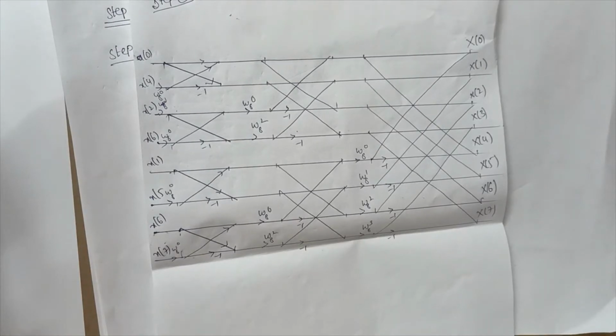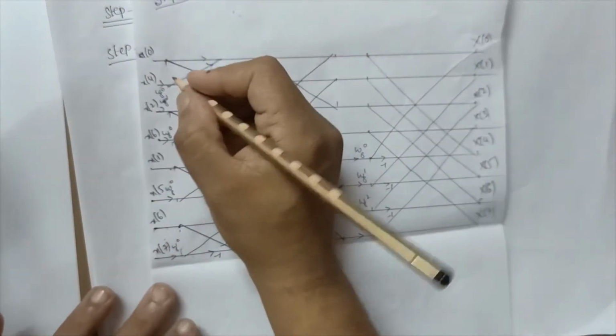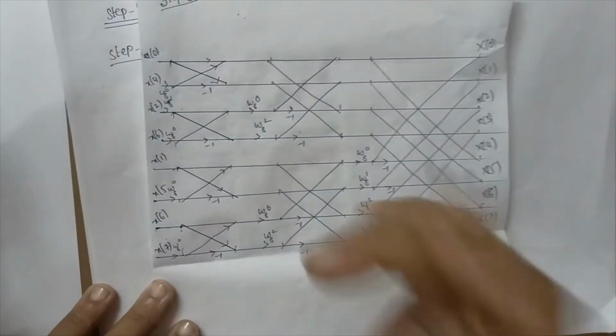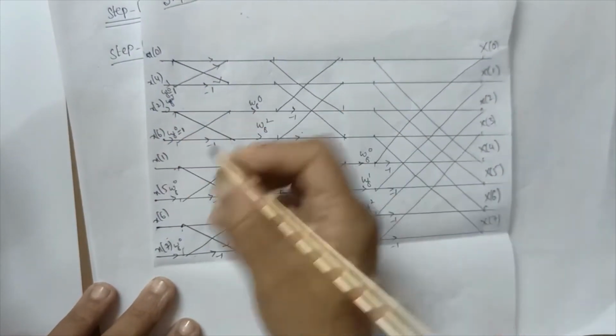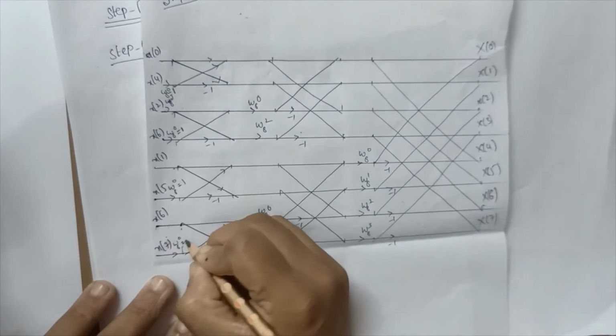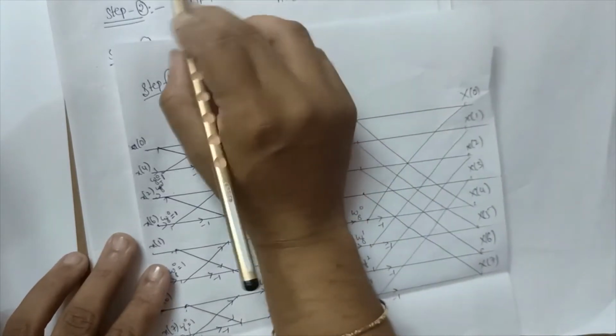You can go and verify there if you have any doubts. Now take another color, black ink or any pencil, and substitute values. First, omega 8 power 0 is 1.